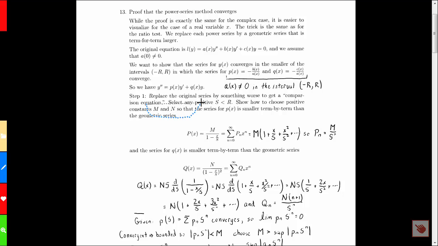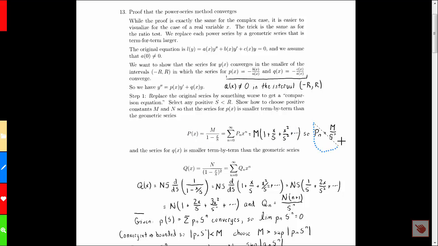I'll call them capital M and capital N, so that the series for little p of x in the equation we're actually trying to solve is smaller term by term than the series capital P. You will recognize this as the geometric series for the function M times 1 over 1 minus x over S, which, as you know, is M times 1 plus the ratio x over S plus the square of the ratio plus dot dot dot.